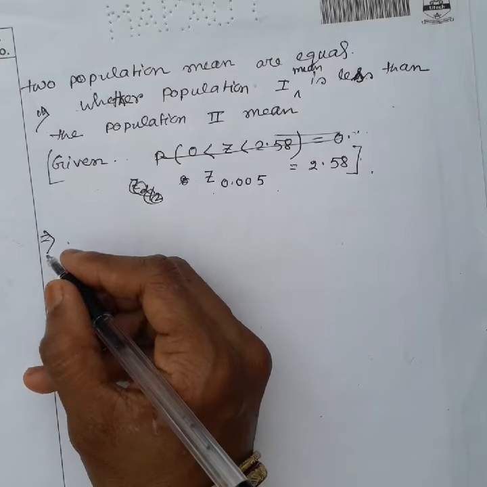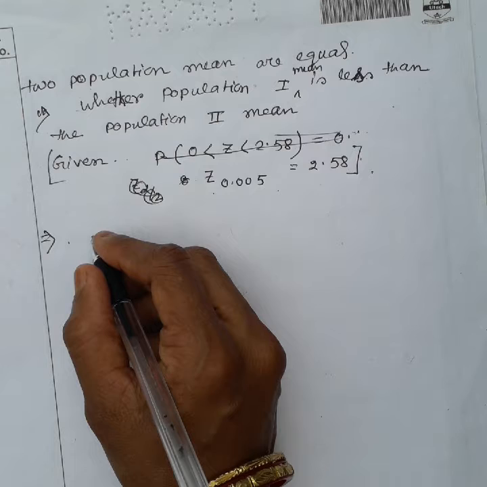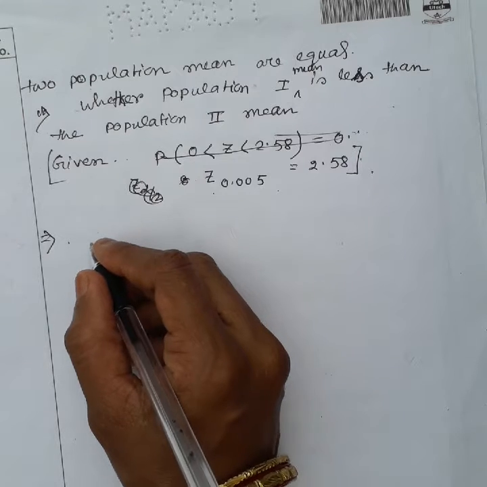So here we have to test that the two population means are equal.